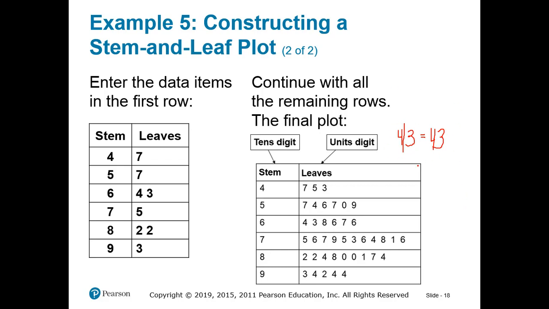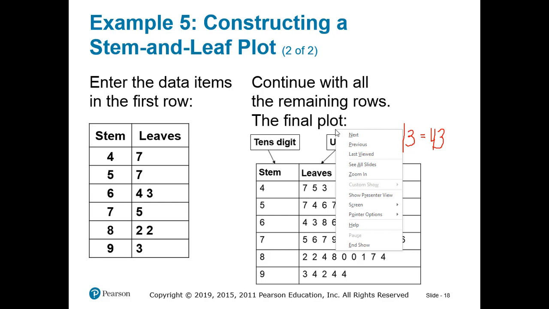And so this would be the key. So now everybody knows that, hey, 4|7 equals 47, 8|4 equals 84, and so on. Okay, and then of course you're always going to want a title to let your audience know what this data represents and things like that.